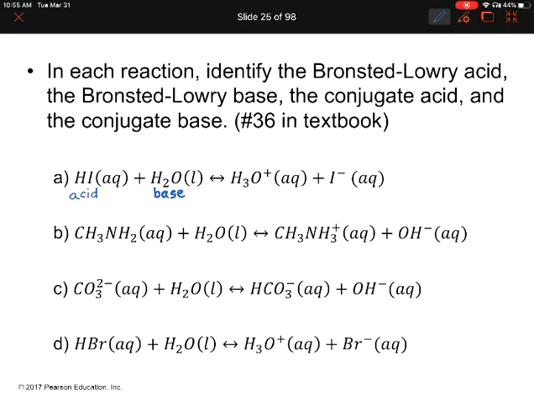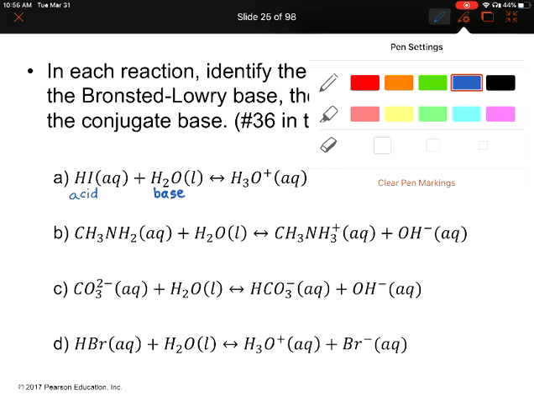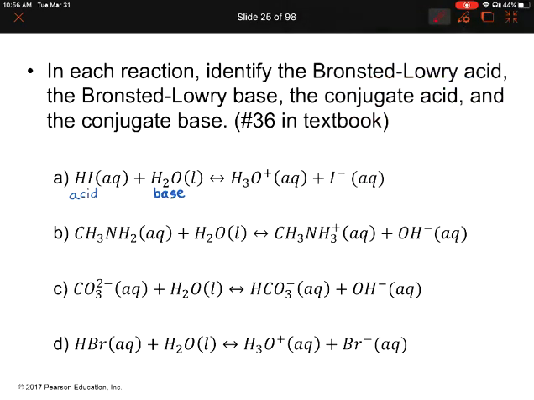And then we're going to identify the conjugate acid and the conjugate base in the products. So I'm going to use a different color. Let's use red. All right, so in our products, we have the hydronium ion and then the iodide ion. So we can probably tell right away that we want to pair up HI and I. So those look like they kind of go together, right?